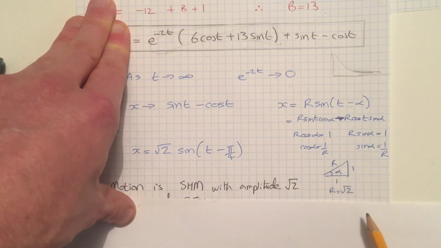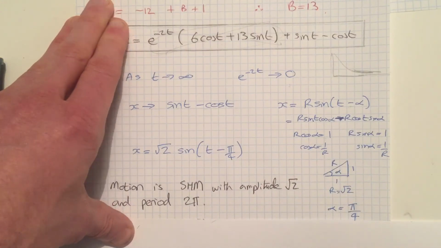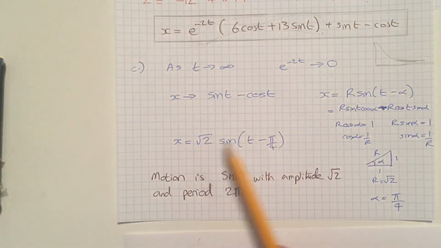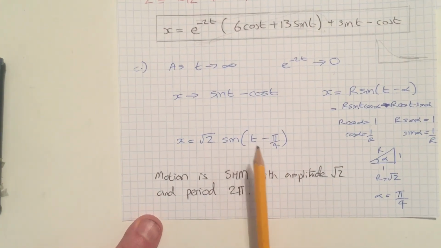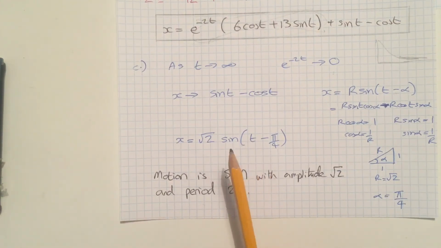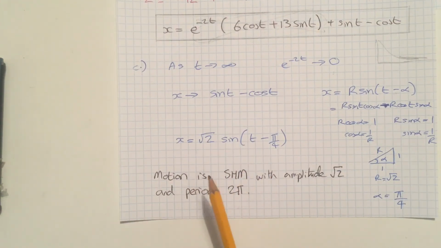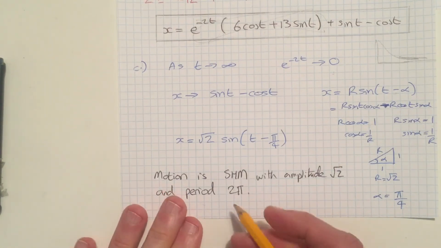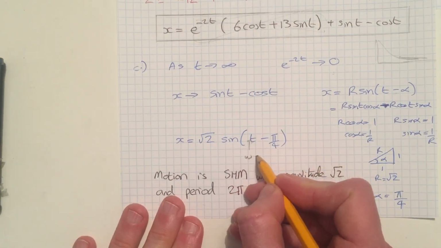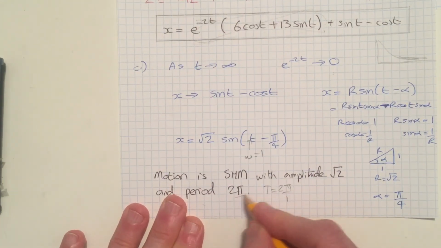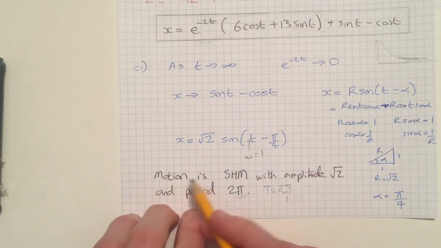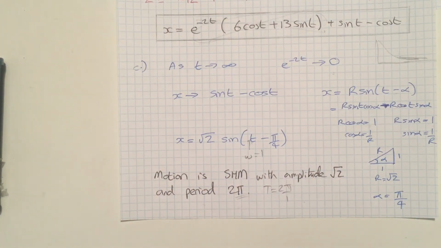So I find that r is going to be root 2, alpha is going to be pi over 4, which allows me to rewrite this in this form, which finally now allows me to say, after a long period of time, as t tends towards infinity, the motion will become simple harmonic motion, and it will have an amplitude of root 2 and a period of 2 pi, because I can see here that omega is 1, so the time period would be 2 pi over 1, which is 2 pi. That's where that came from. There we go. I have described the long-term behaviour of the mass.